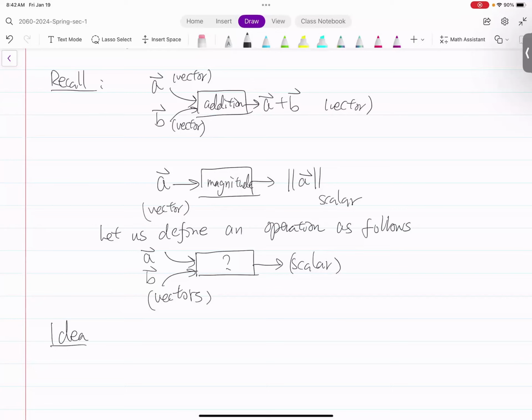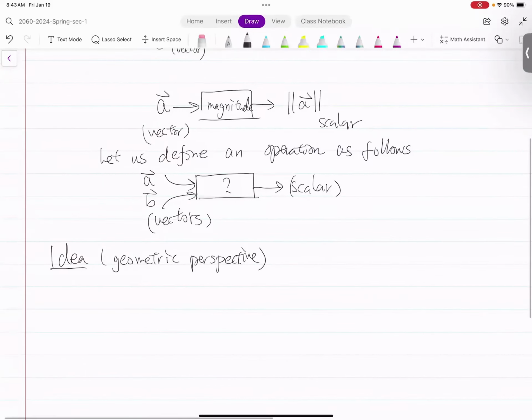And here comes the idea. The dot product formula, from the beginning of the section, is where you do component-wise multiplication and then the addition. The geometric perspective we will represent as follows.